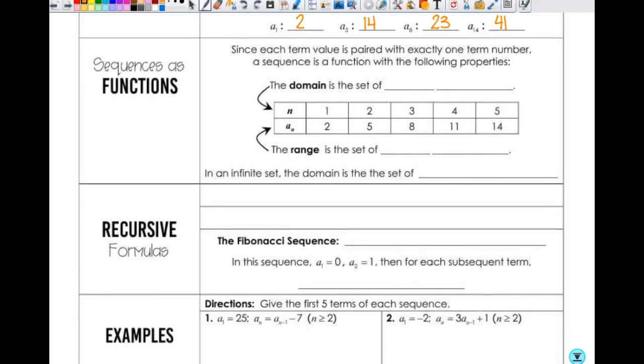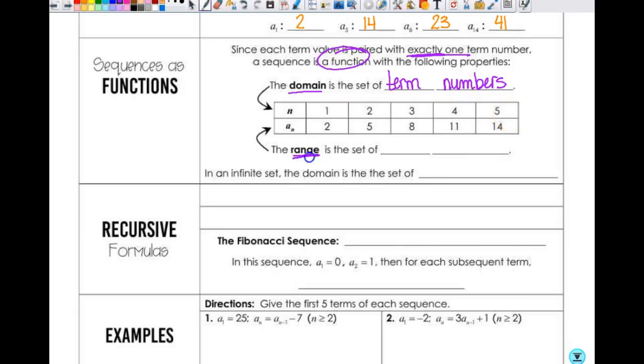We can look at sequences as functions. Okay, so since each term value is paired with exactly one term number, a sequence is a function with the following properties. The domain is the set of term numbers. Okay, so term number 1, 2, 3, 4, 5, that's your domain.